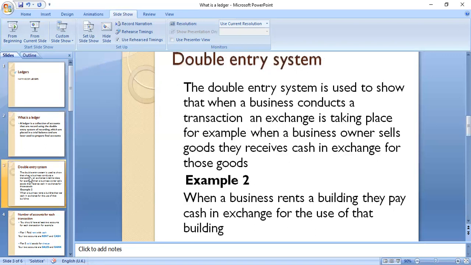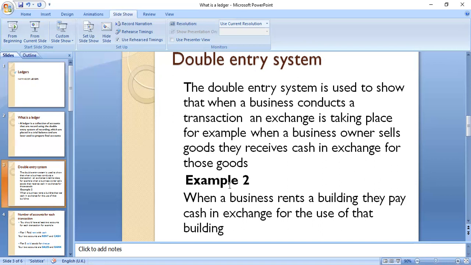So let us look at the explanation for the double entry system. It says here that the double entry system of accounting is used to show that when a business conducts a transaction, an exchange is taking place. For example, when a business owner sells goods, they receive cash in exchange for those goods.